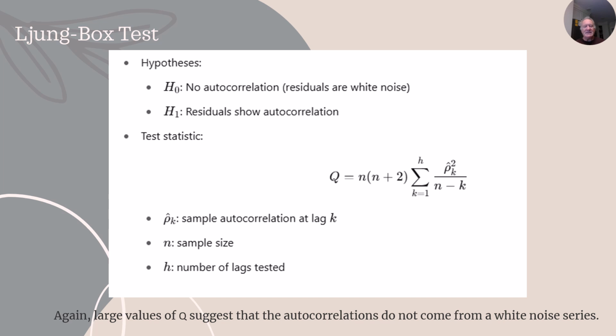We go ahead and test these using this test statistic. Q is equal to N times the sum of k equals 1 to h of rho sub k squared, where rho sub k is the sample autocorrelation at lag K, N is the sample size, and h is the number of lags being tested.